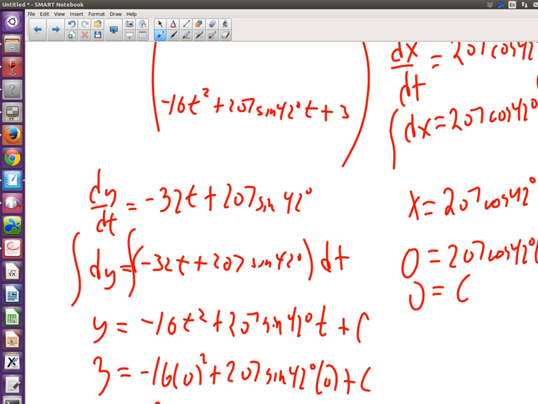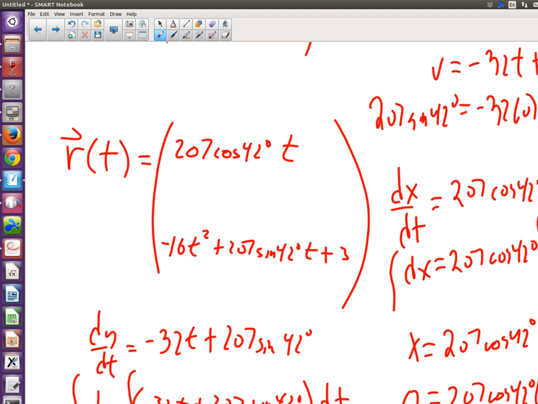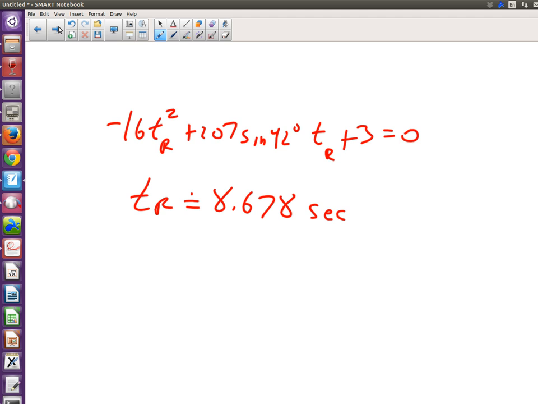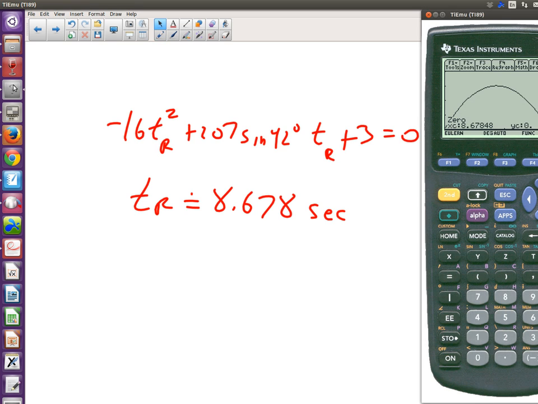The horizontal component for the displacement is 207 cosine 42 times t, right? Okay, so let's take our t value and use HAL and plug it in. So that's going to be 207. Let's see, where is that answer? I'm going to plug that answer in.